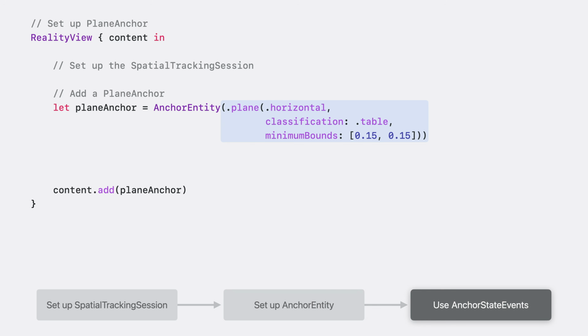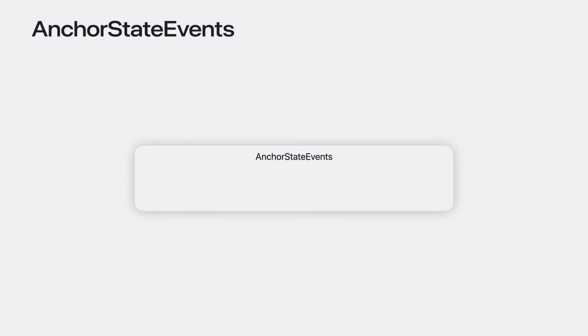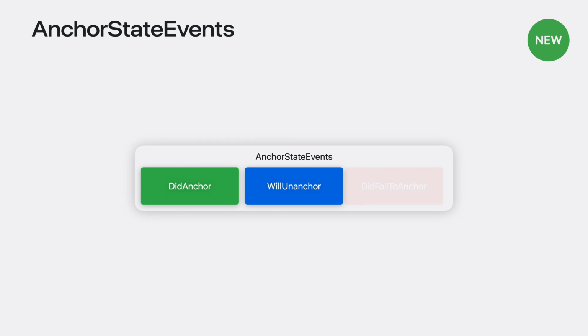In order to receive updates when the anchor state changes, I'll need to use the new Anchor State Events API. The Anchor State Events API lets you subscribe to events for when entities have been anchored, if they're about to be unanchored, or if they have failed to anchor. I'll use the didAnchor event in my app to position the game entities within the bounds of the table surface.